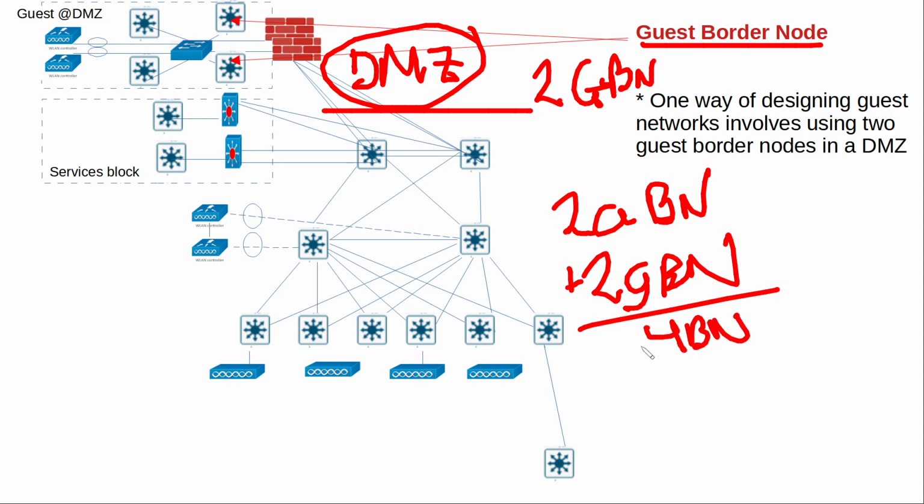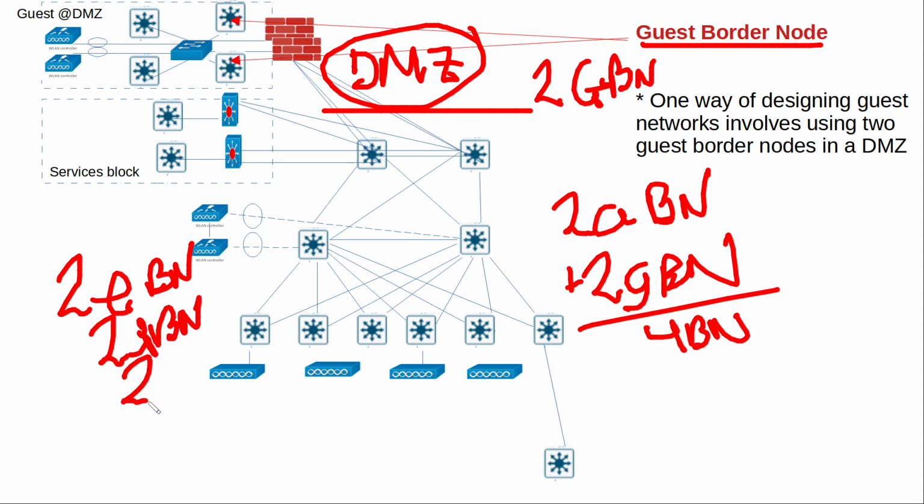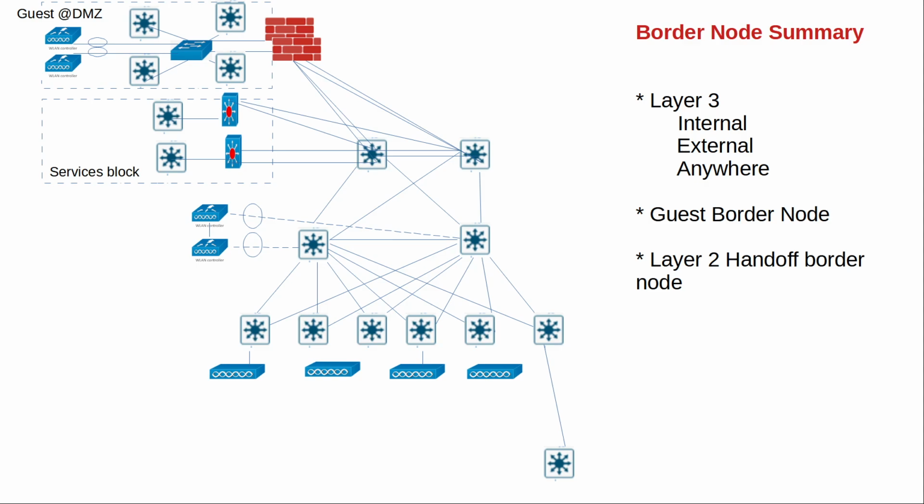But if you have a really large network, you will need two external border nodes, two internal border nodes, and two guest border nodes for a total of 6 border nodes.